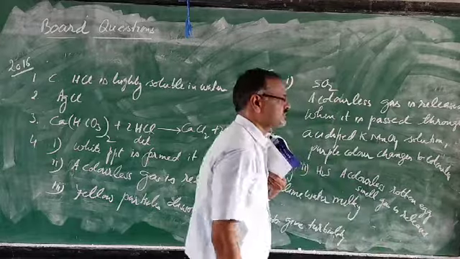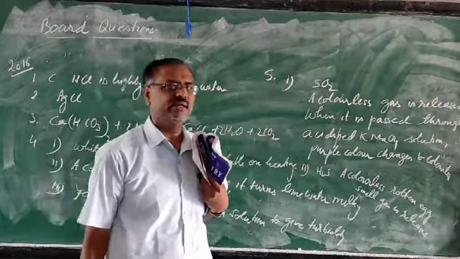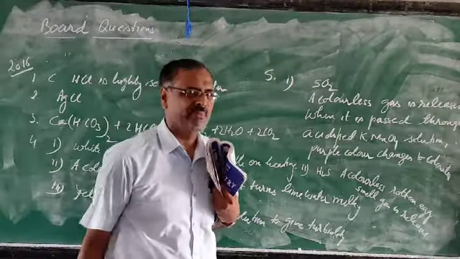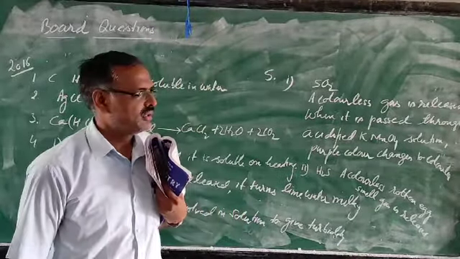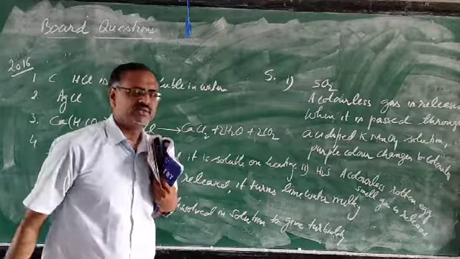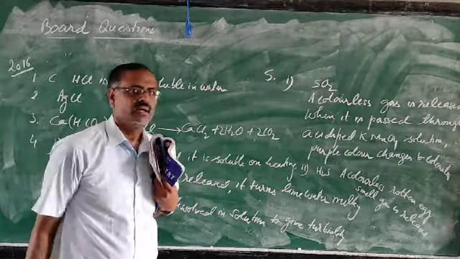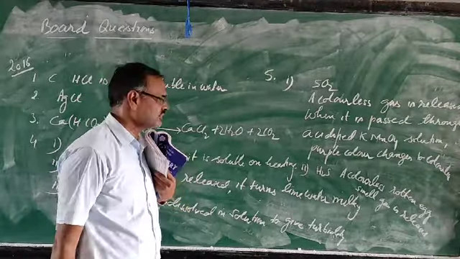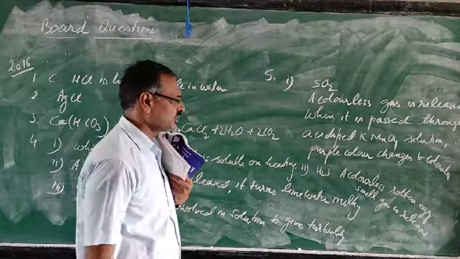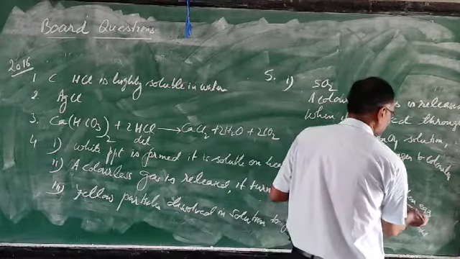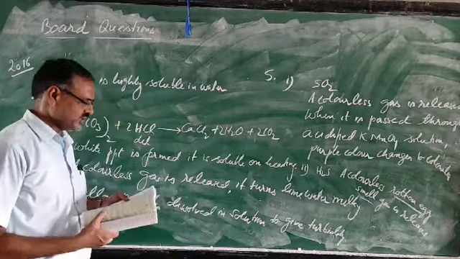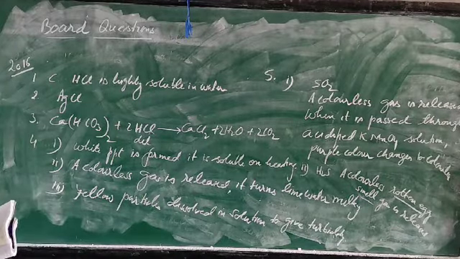One more test I have told you regarding lead sulfide: if you pass the hydrogen sulfide gas to moist lead acetate paper, it turns silvery black. That is given in the book, and that also can be used. But this rotten egg smell is very famous. That is also coming in chemical tests. So that is sufficient. Now 2016 is over. Now we are going to take 2017.